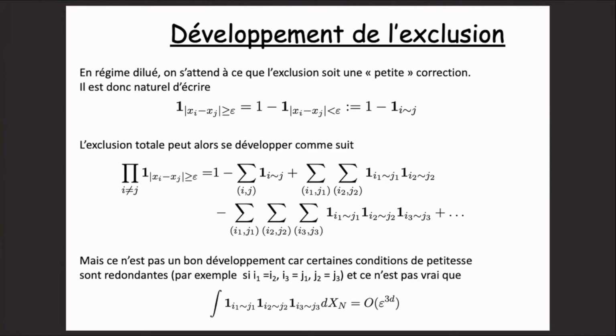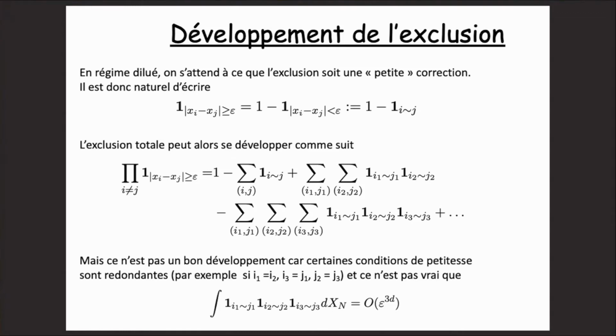So I will just write this equality here: being at a distance bigger than epsilon is 1 minus the indicator that xi minus xj is smaller than epsilon. To have a short notation, I will use a short notation for this condition, which is actually the overlapping condition, that the two balls are overlapping.